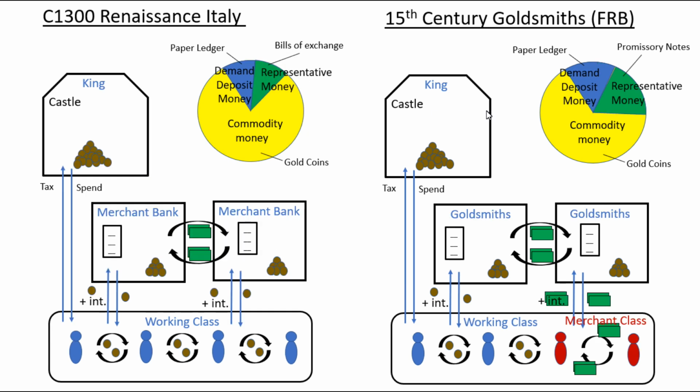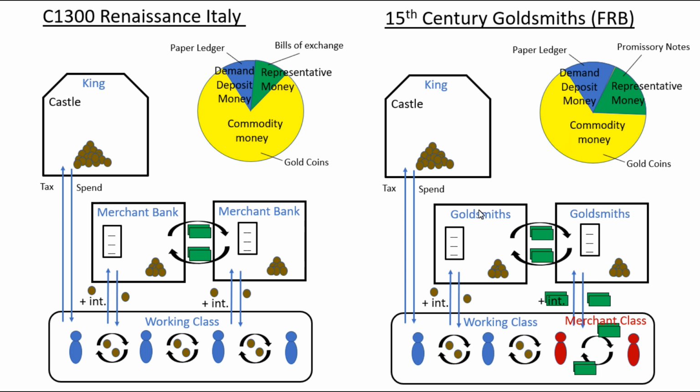So then the next step forward was the 15th century goldsmiths in London and Amsterdam. These goldsmiths started issuing promissory notes, which is representative money, but a little bit different to the Italian bills of exchange. These notes were redeemable for gold coin, and people started exchanging these promissory notes because it was more convenient than exchanging the commodity money, the gold coins that were circulating.